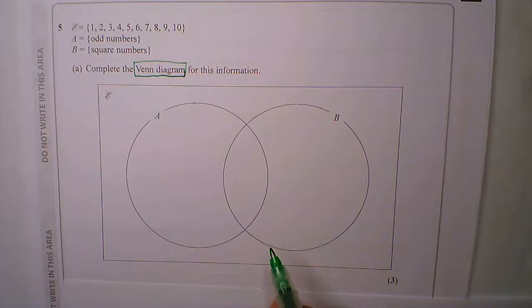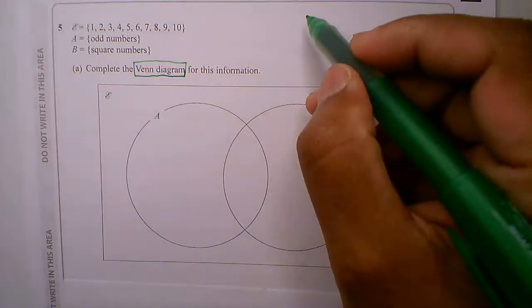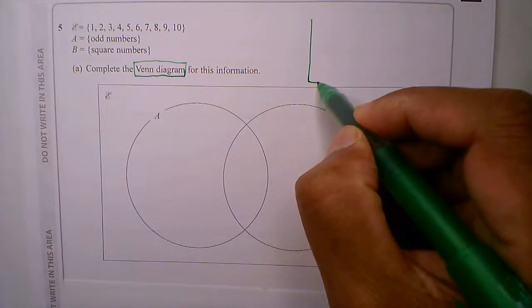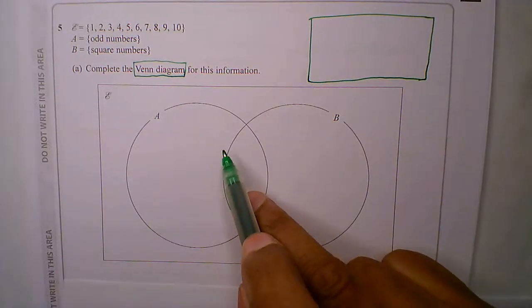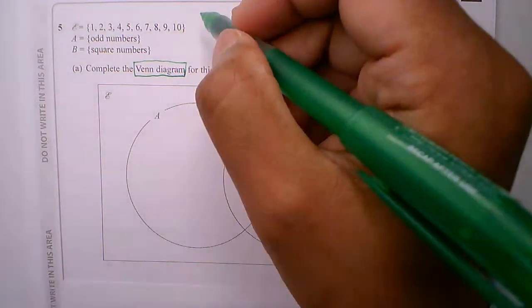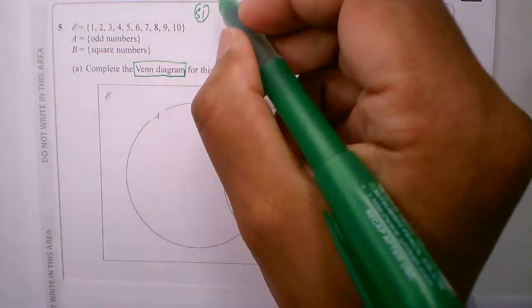So the way I am going to do this is I am going to have a kind of draft working out before I go into this one, just so that I've got my working out clear. So step 1, I am going to put all my values in the sample.